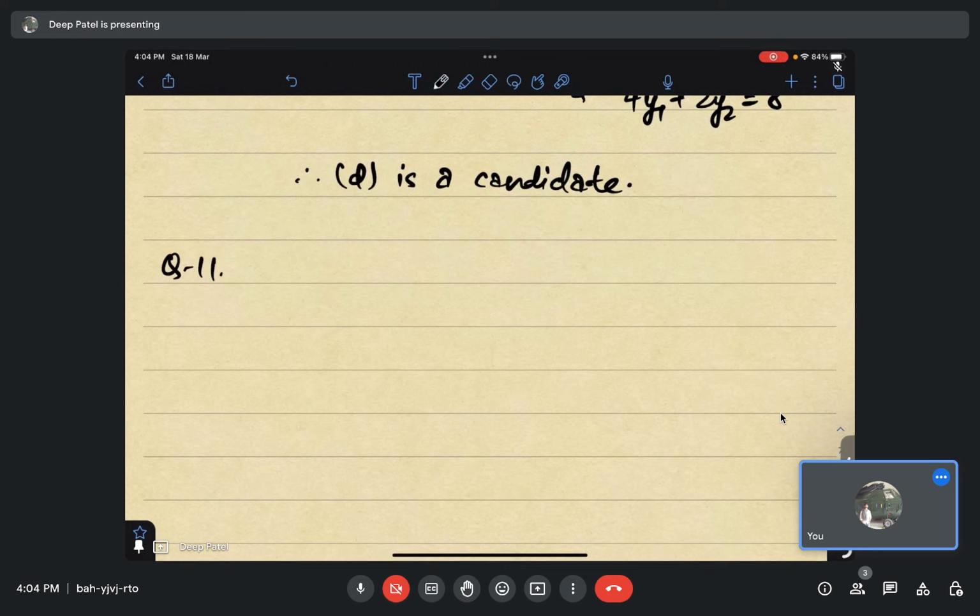Last question from this. Again, we are given some LP. It's not in a standard form, just like the previous problem, but that's okay.